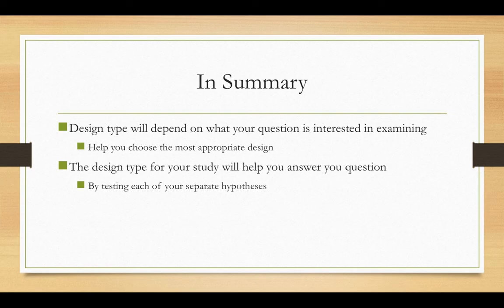There may be different questions and different hypotheses, and you may use different techniques and different designs within your research studies. So for one research question, you may use qualitative data. For another research question, you may use quantitative data. For one question, you may do it out in the lab. For another research study, you may do it out in the field, whatever the case may be. So don't always be tied down to one single type of design.